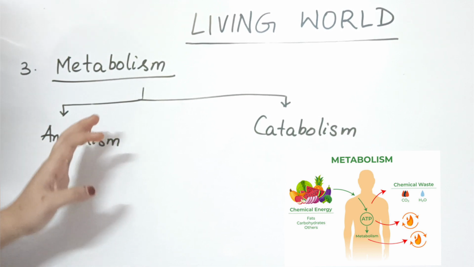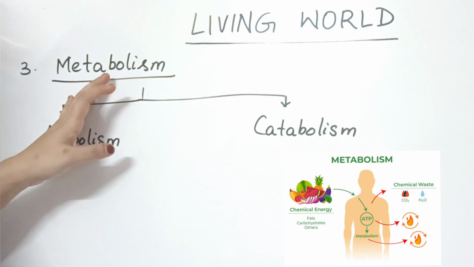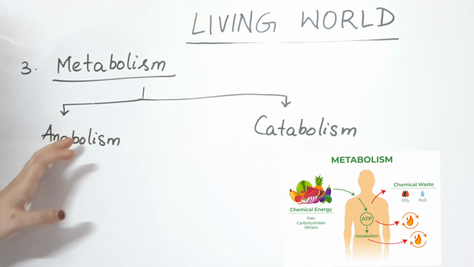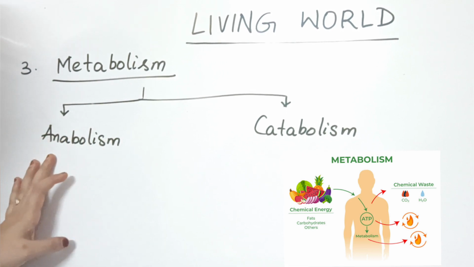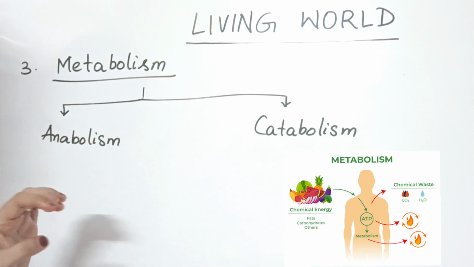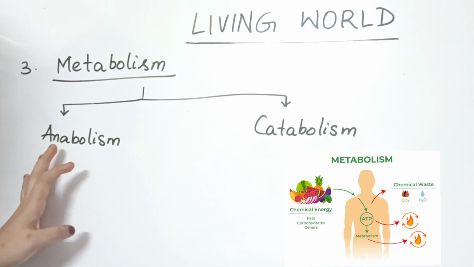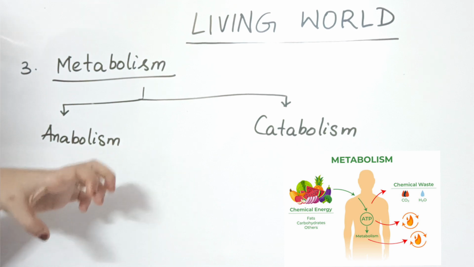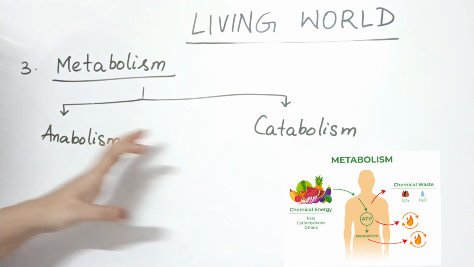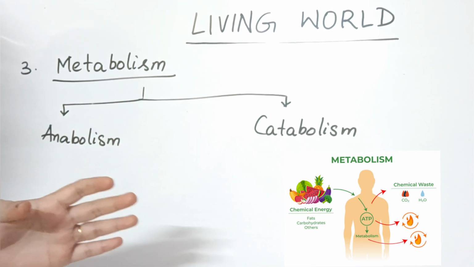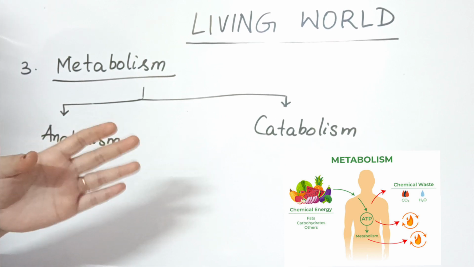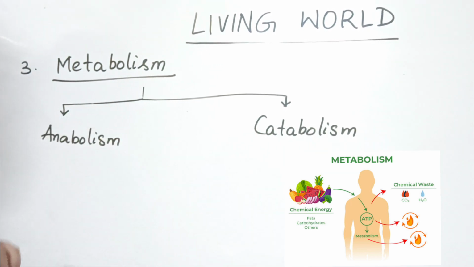In all living organisms, you can find that metabolism takes place. This is again of two types: anabolism and catabolism. Anabolism means synthesis, where molecules are combined together. Catabolism means the breakdown of molecules by different chemical reactions.